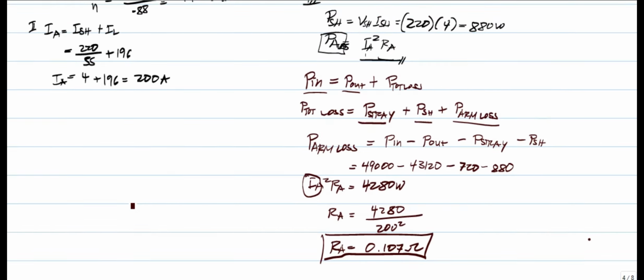Let's use another sheet. P constant is equal to P stray plus the shunt loss. So P stray of 720 plus PSH of 880.